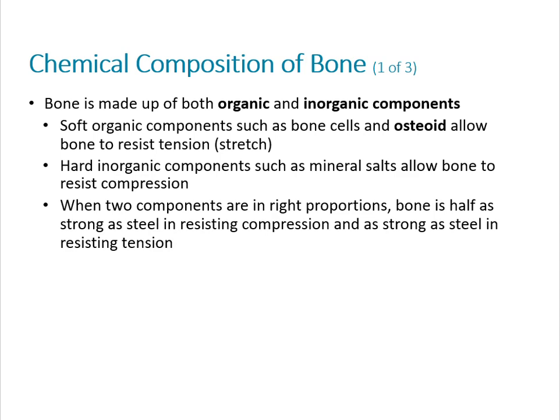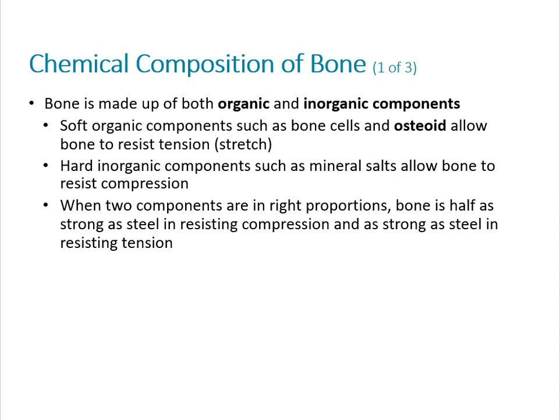But bone would not be the same as we think of if it didn't have the calcium phosphate salts. You need those hard inorganic components, the mineral salts that together are called hydroxyapatite, in order to make bone hard and also to allow bone to resist compression. So the osteoid, the soft organic components, allows bone to resist tension or stretching, whereas the hard inorganic components, the calcium salts, allow bone to resist compression and make bone hard.